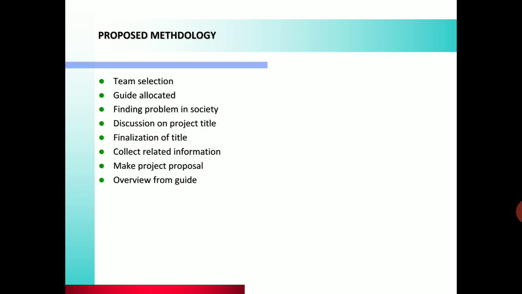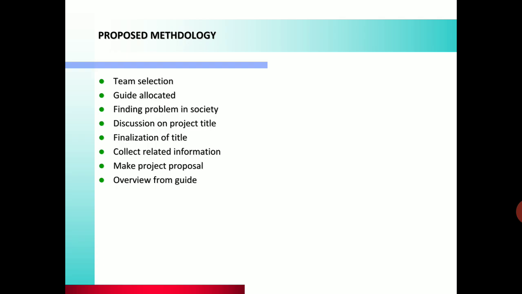Then we see here the proposed methodology. Proposed methodology means how we work on this system and which process we follow while making it. Firstly we selected our team, which has 5 members. Then a guide was allocated. After that, to find a problem in society, we visited society and found the problem.